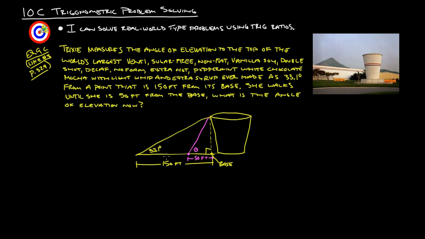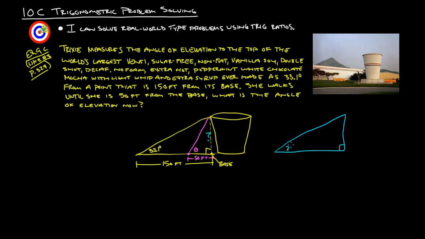Then she walks till she's 50 feet from the base. Now we want to know what that angle is. What we really want to do is figure out this height here, because if we find this height from the big triangle, we can then use that height to figure out this angle here.